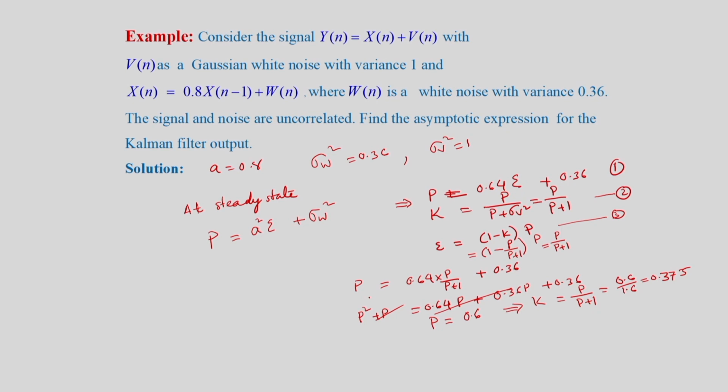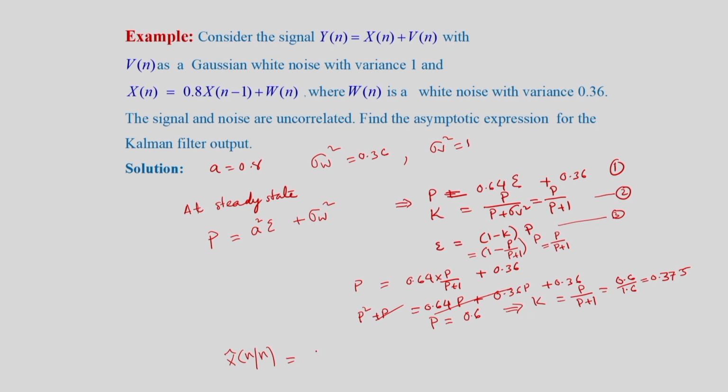So, once we have the Kalman gain, the signal update equation will now be as follows. We have to find the asymptotic expression for the Kalman filter output, that is x hat of n given n, which is equal to the predicted value first.